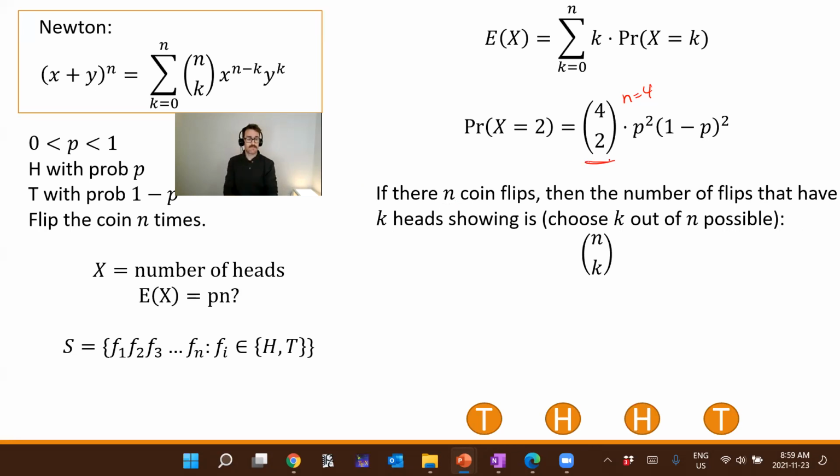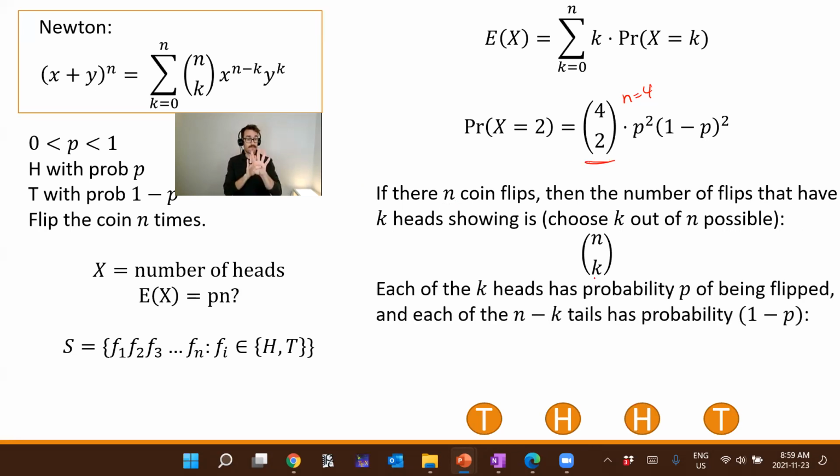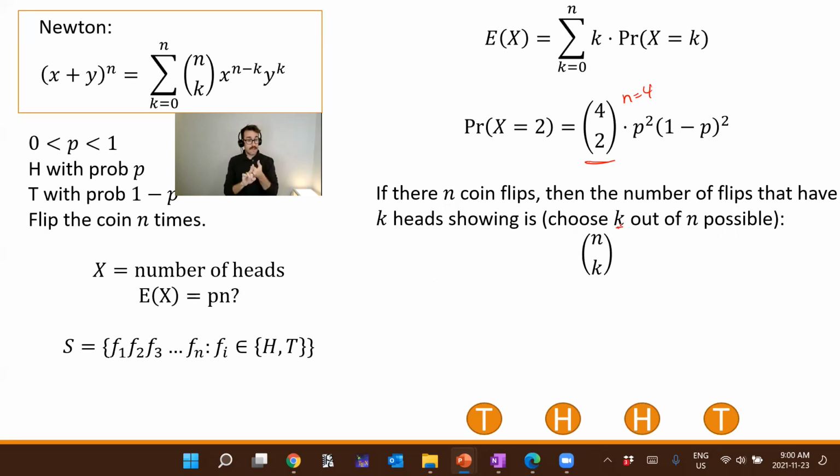So this 4 choose 2 will be n choose k. And then each of these has, well, we've chosen k out of n coin flips to come up heads.